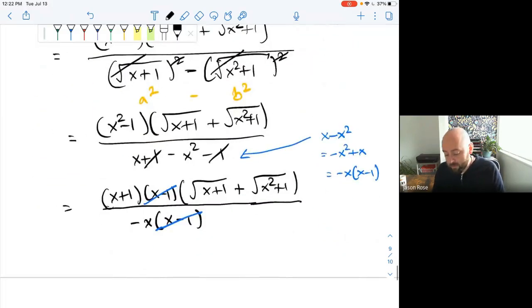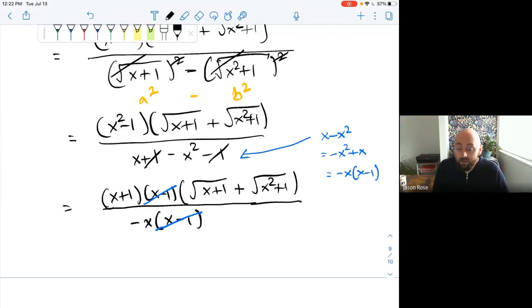Because you notice that I've cancelled the x minus 1 and the x minus 1. That was what was causing the 0 over 0. If you plug in 1 in here, you have 1 minus 1 on top, 1 minus 1 on the bottom. After using the conjugate and doing some factoring, we're able to get rid of that.